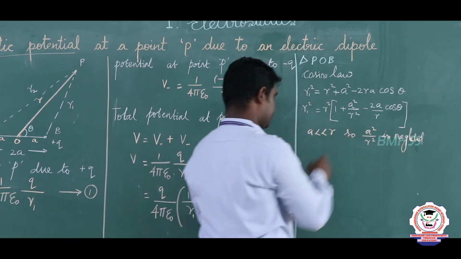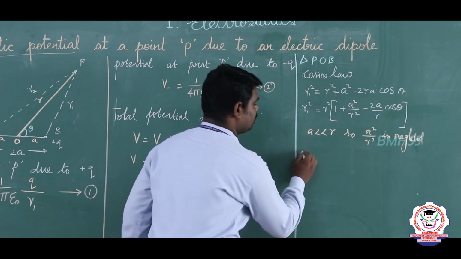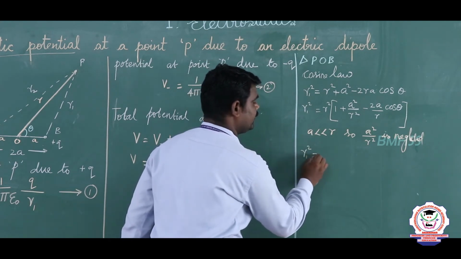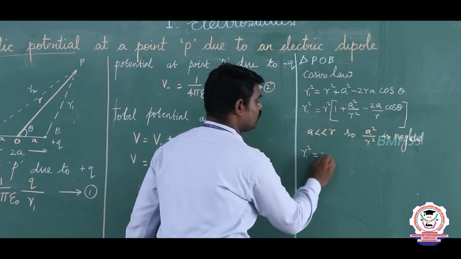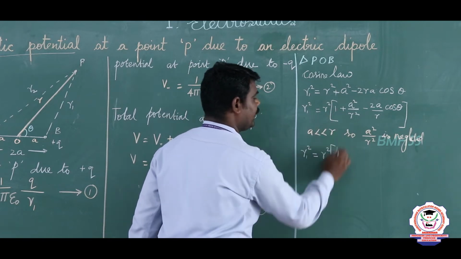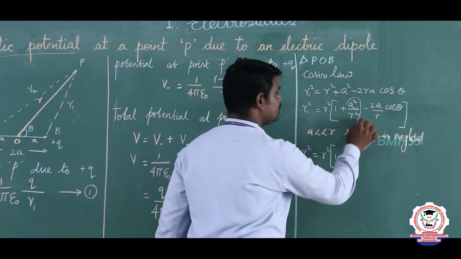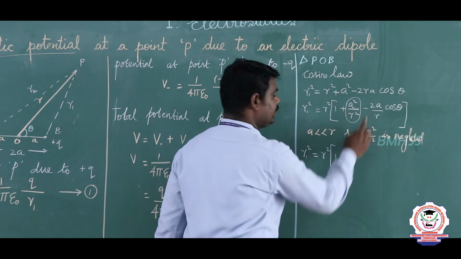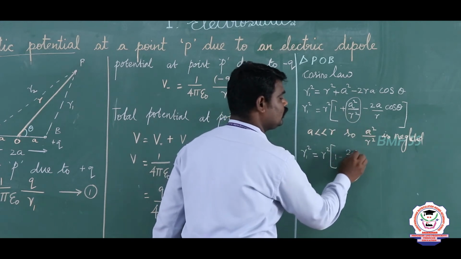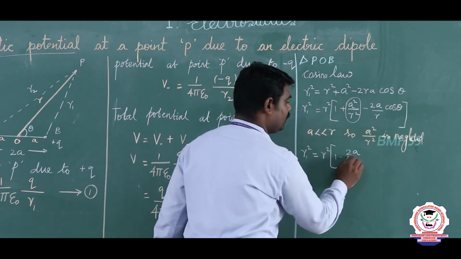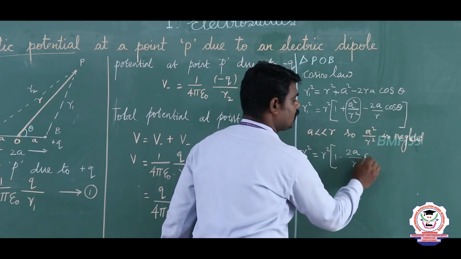The remaining terms: r1 square is equal to r square times 1 minus 2a by r into cos theta.